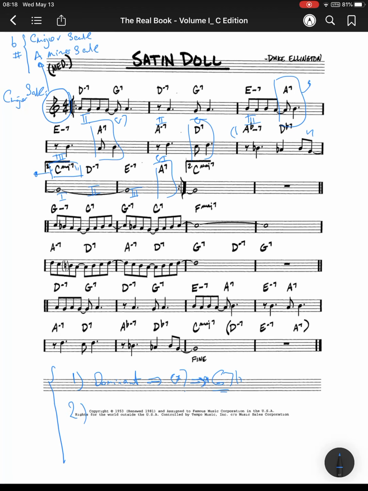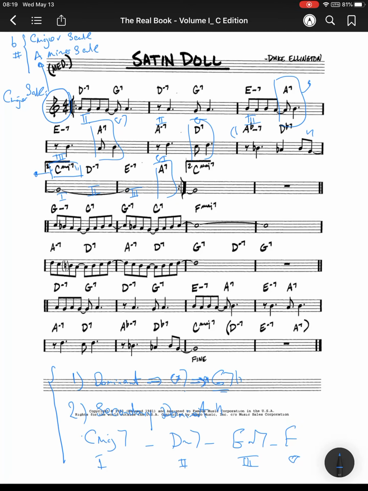The second scenario of using the dominant or seventh chord is the secondary dominant. For example, if we have C major 7th and after that D minor 7th, then E minor 7th, then F major. This is the first chord of the scale, this is the second, and this is the third.